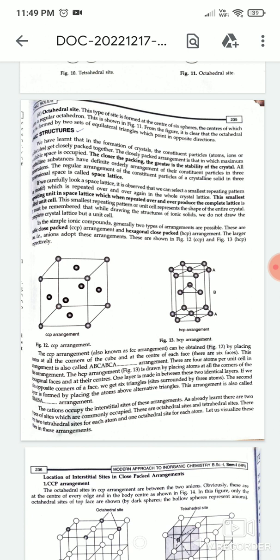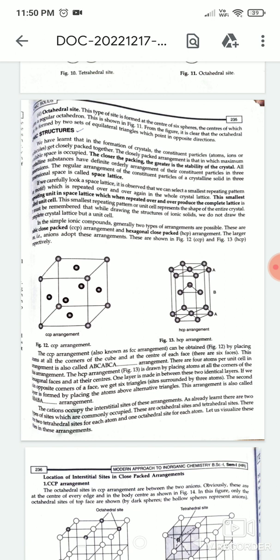Now next topic is ionic structures. We have learned that in the formation of crystals, the constituent particles, atoms, ions or molecules, get closely packed together. The closely packed arrangement is that in which maximum available space is occupied. The closer the packing, the greater is the stability of the crystal. All crystalline substances have a definite orderly arrangement of their constituent particles in three dimensions.